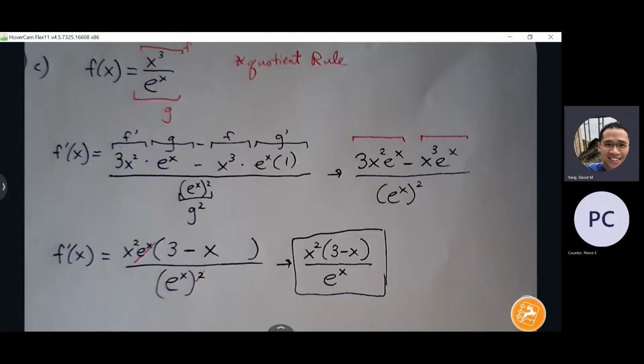Yeah, find critical points. So critical points come from where? Numerator and denominator. So we have to consider both numerator and denominator. Doesn't mean that we're going to find it in both places, but we have to at least consider both locations.